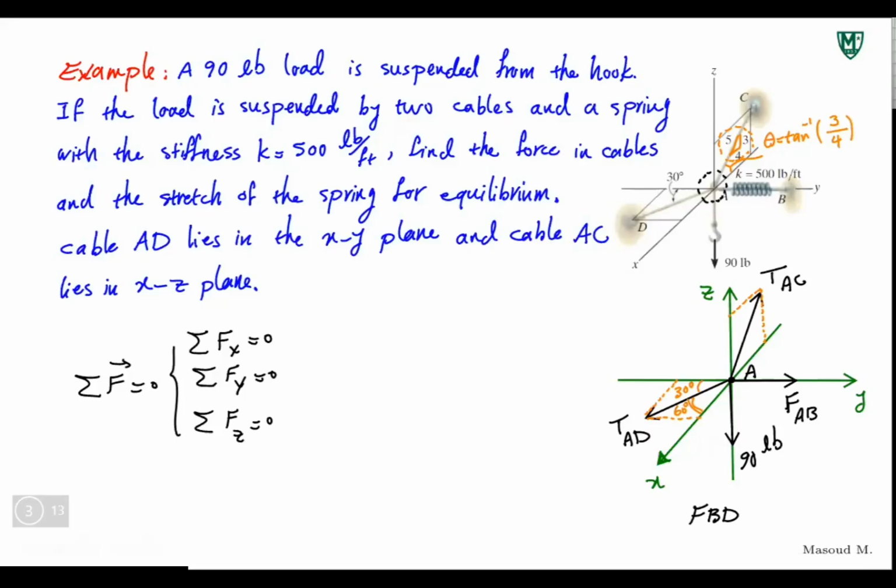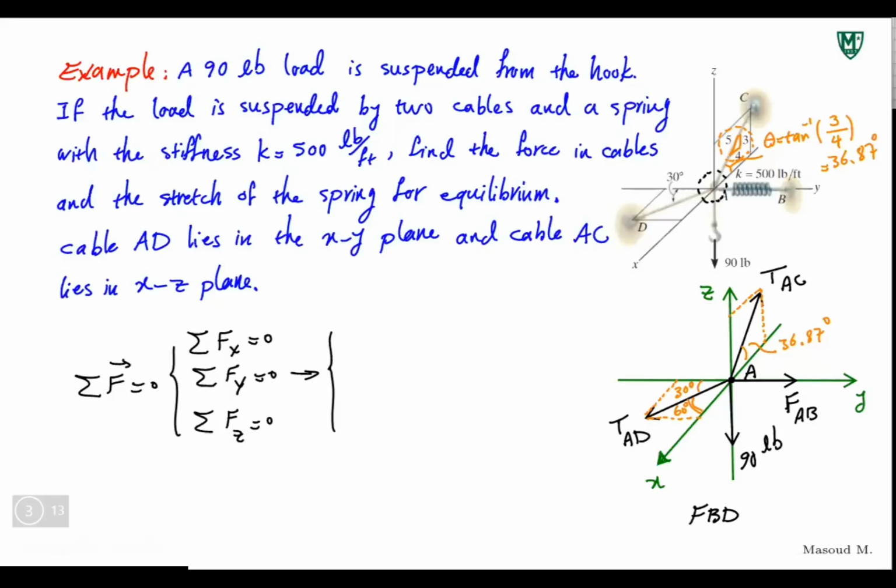Keep in mind 3, 4, 5 are not dimensions, they are ratios, because all we care about when we want to find an angle using trigonometry is the ratios between sides in a right triangle, and that is given. Dimensions can be anything as long as the ratio is that. So from there you can find theta. If you do the math, you will get 36.87 degrees. So now I have this angle too, 36.87 degrees.